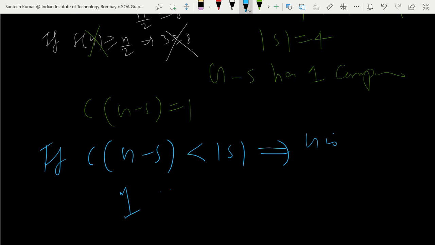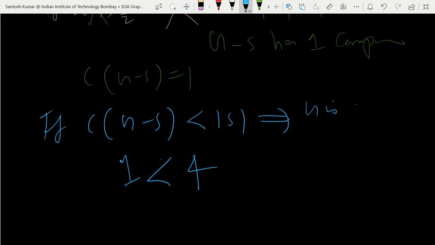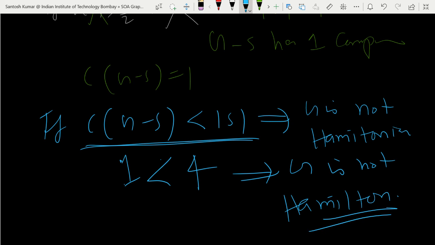And 1 is less than, what is mod S? 4. So this condition does not hold. So this was the first result I used. If this doesn't hold, then you cannot say it is not Hamiltonian. So if anyone did this, then you are right.